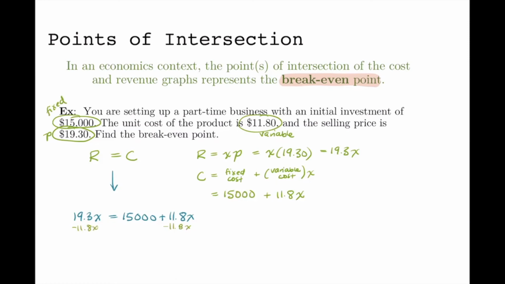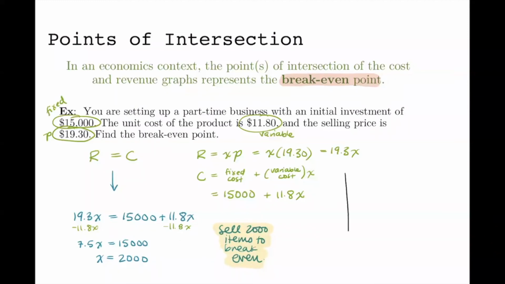If you combine those terms together, 19.3 minus 11.8x, that gives us 7.5x. We've still got 15,000 on the right-hand side. So lastly, we'll just divide 15,000 by 7.5. That comes out to be 2,000. So we need to sell 2,000 items to break even.